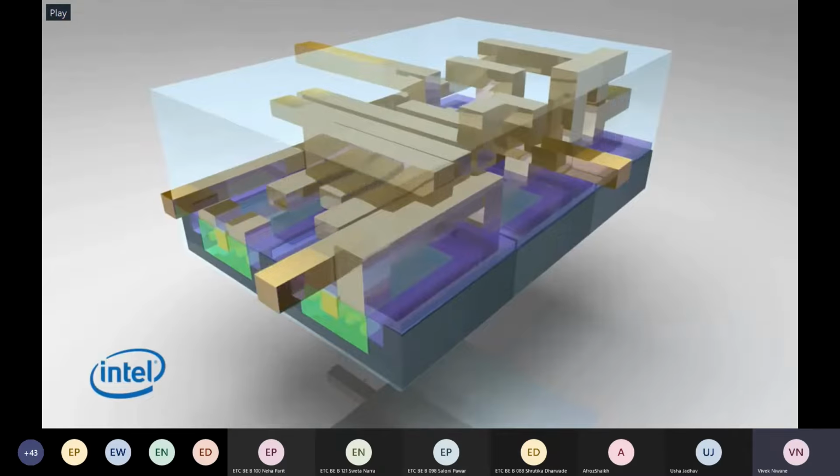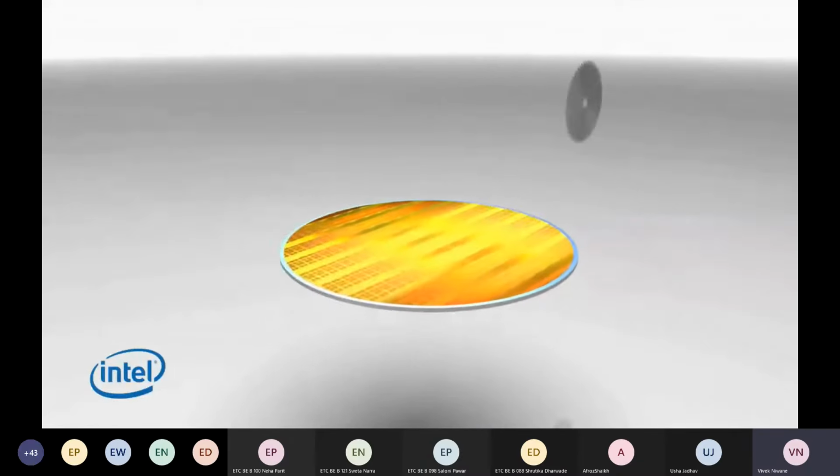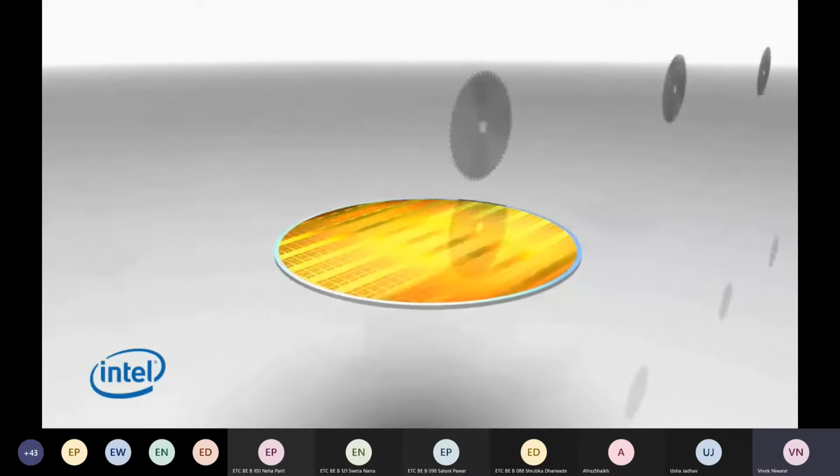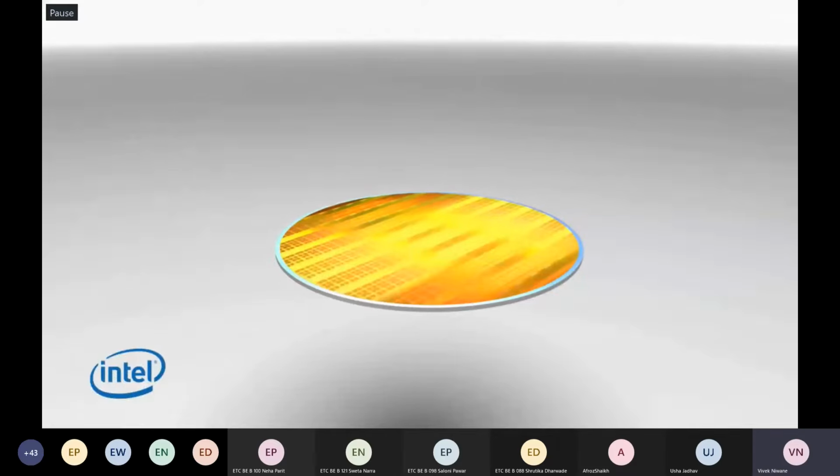Okay, so let us go through the video. So this is a view where we have cut down the individual processors. In actuality, the hexagon never runs on the wafer. It is shown for representation purposes only.